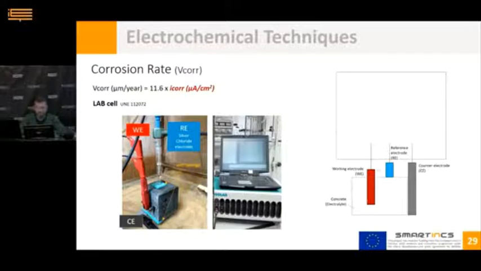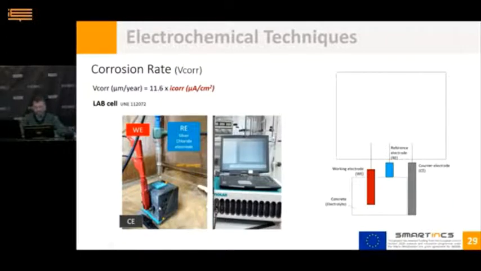Okay, and here we can see a real assembly of one of these 3-electrode cells for laboratory measurements. As you can see, the rebar here is embedded in a concrete sample of manageable dimensions.